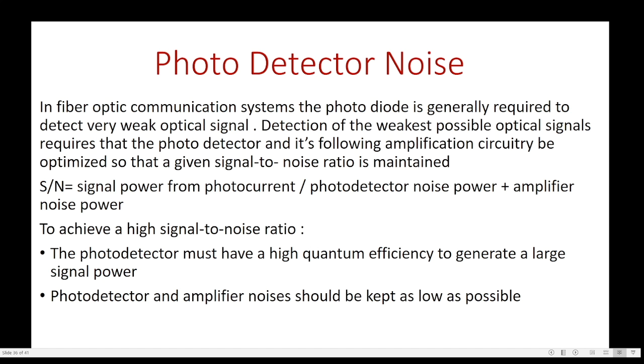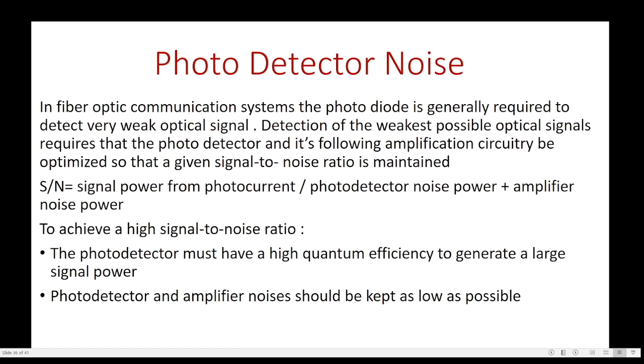The sensitivity of a photodetector in an optical fiber communication system is describable in terms of the minimum detectable optical power. This is the optical power necessary to produce a photocurrent of the same magnitude as the root mean square of the total noise current.